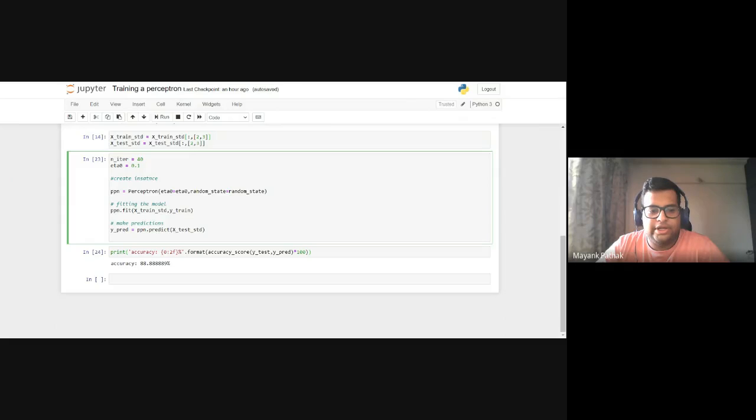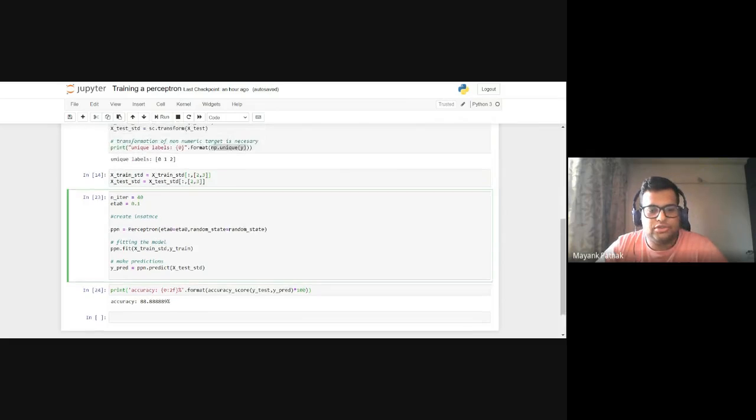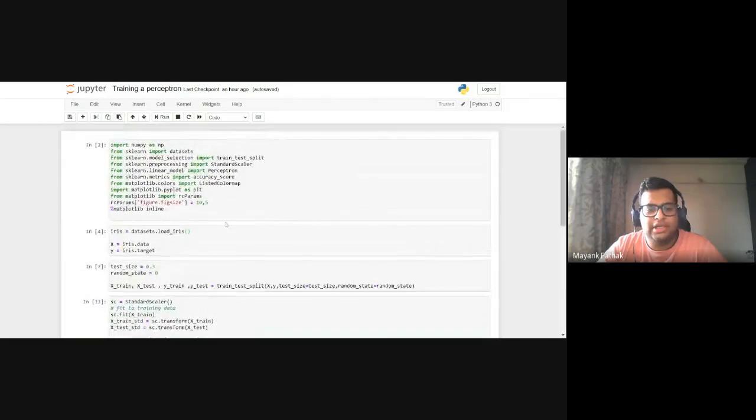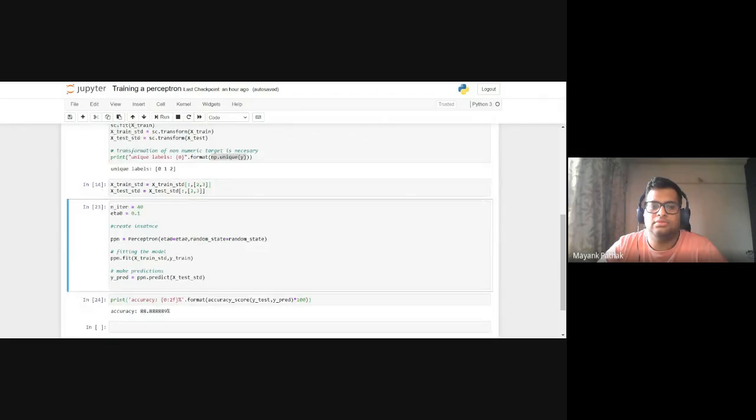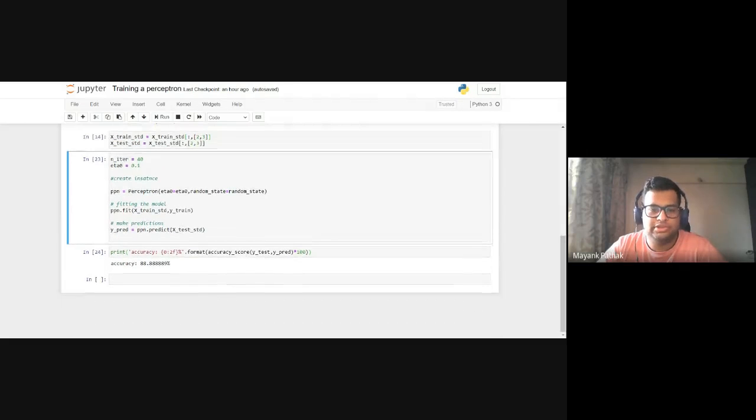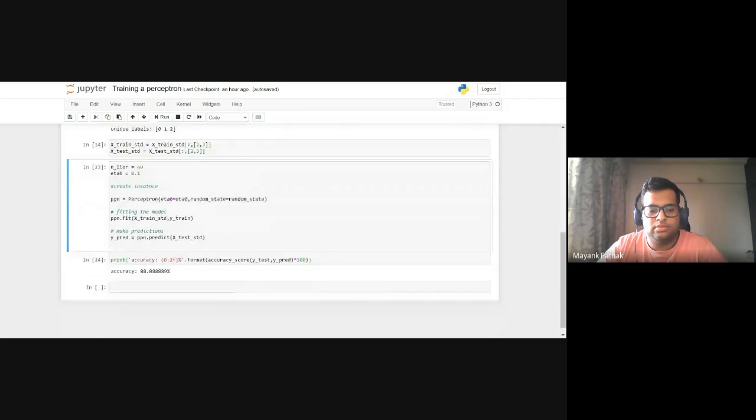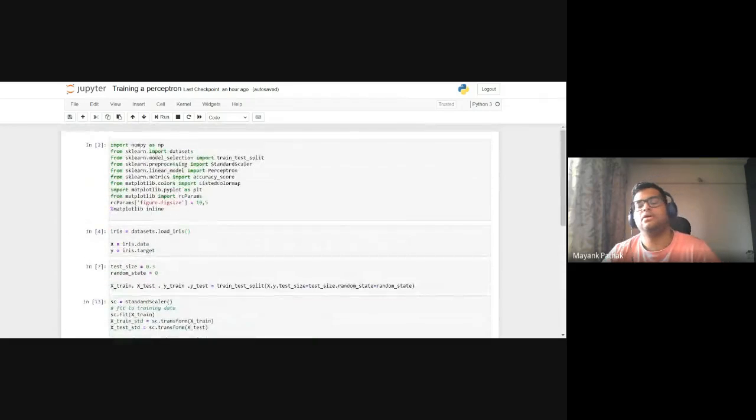We have used simple sklearn prediction, and we have got an accuracy of 88.8%. So this is basically how we can train a perceptron to use its activation functions and predict.